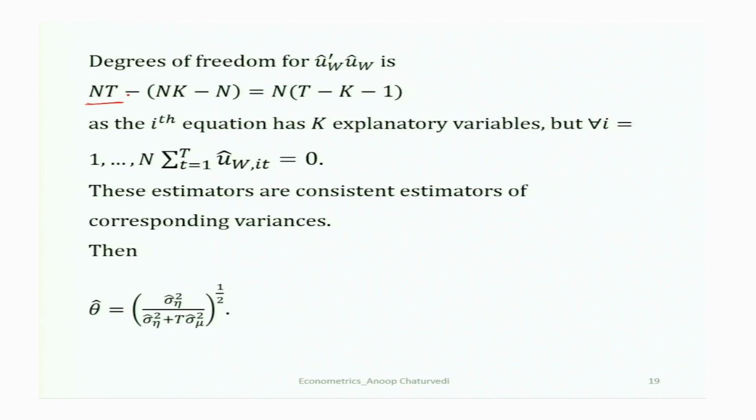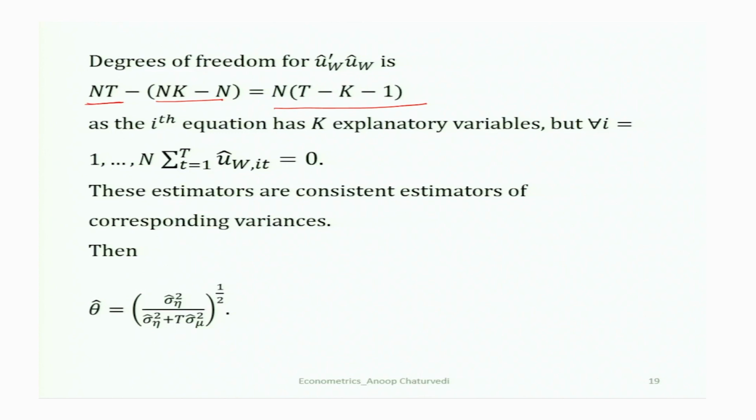So, you take nT minus nk, but for all i equal to 1 to n, summation t equal to 1 to capital T, you had w_it equal to 0. So, we subtract n from nk. So, you get this degree of freedom. Again, all these estimators are consistent estimators of the corresponding variance.